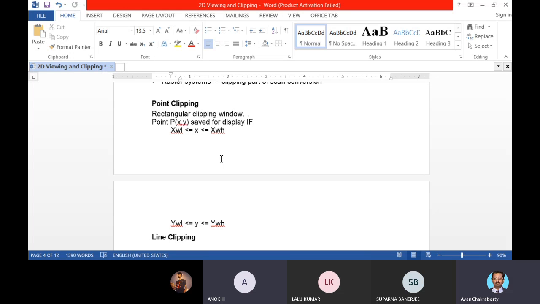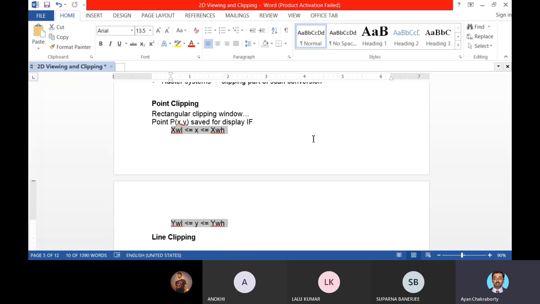That is already shown here. As you can see, X should be within the range of XWL and XWH, and Y should be within the range of YWL and YWH.